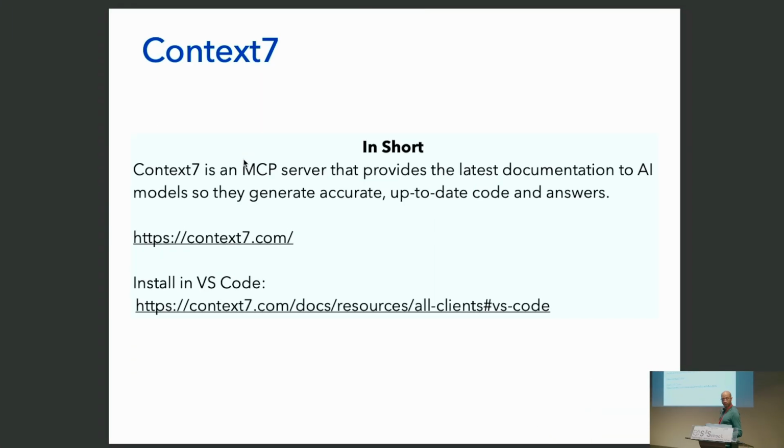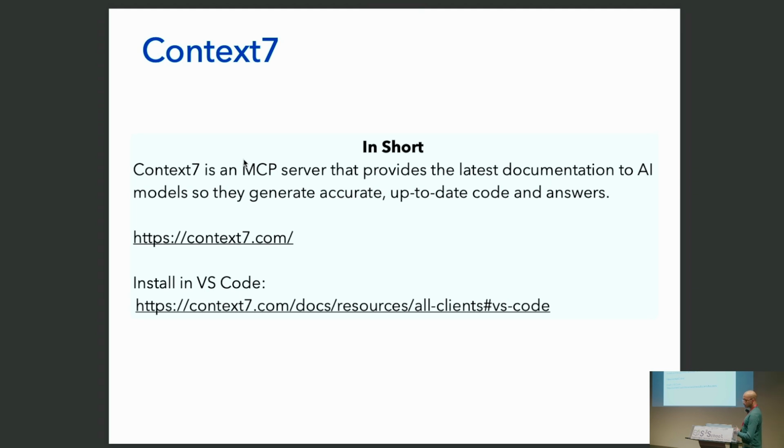So what we're going to do in this last minute is to use Context 7. Context 7 is a very useful server, or a USB, that we would like to plug into our IDE.